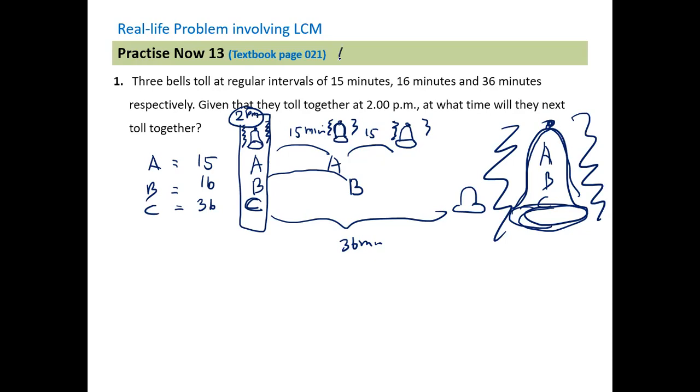So we learn about multiples, right? They ring multiple times, an infinite amount of rings until they are broken. You are asked to find what time the 3 bells ring together, what time they will next toll together.